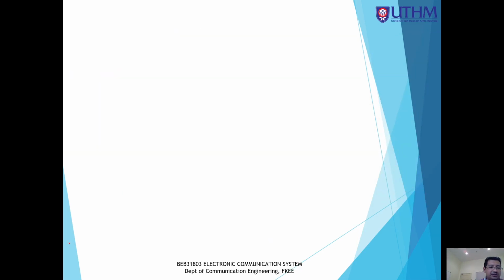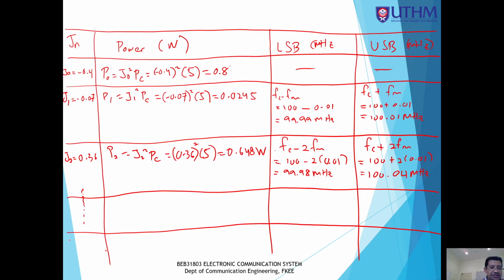J7 is equal to 0.02. You can do the rest from J3 until J6. I will give the value later.